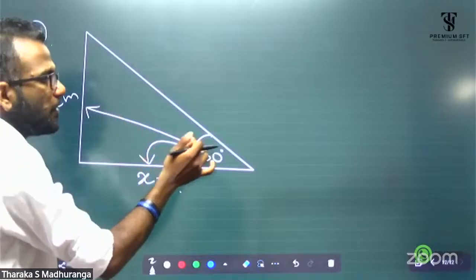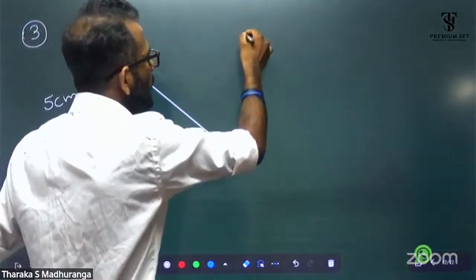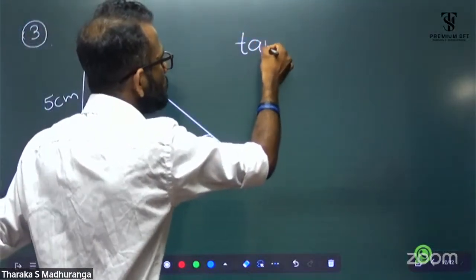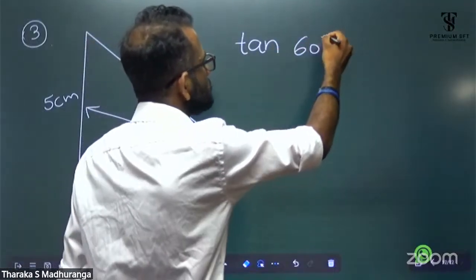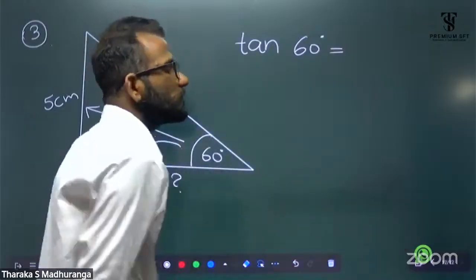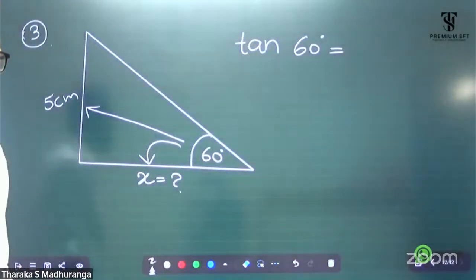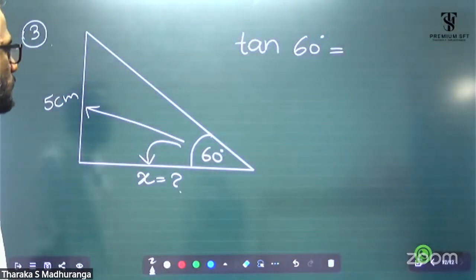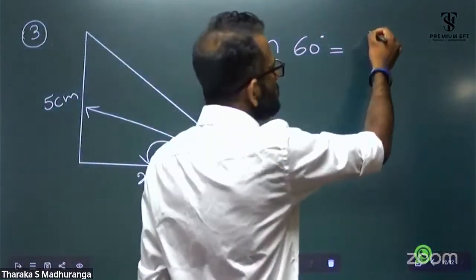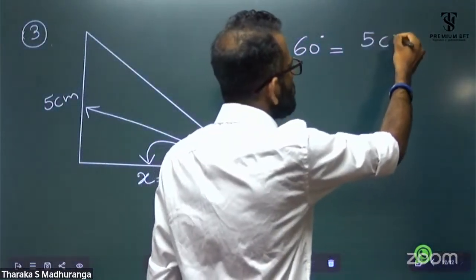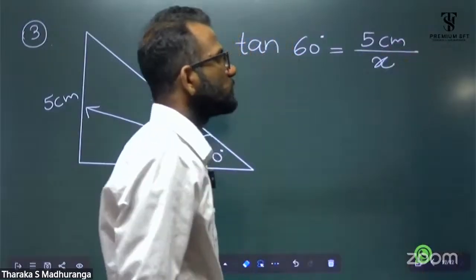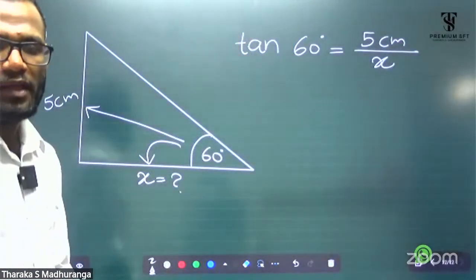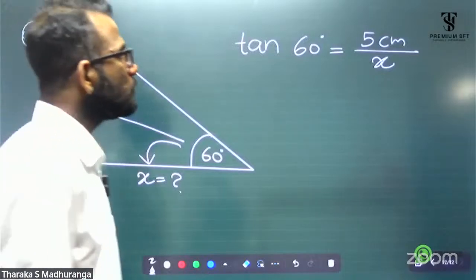It is tan. The angle is 60. So you can get tan 60. Tan 60 equals opposite over adjacent. Opposite over adjacent means 5 centimeter over x. What is the value of tan 60?